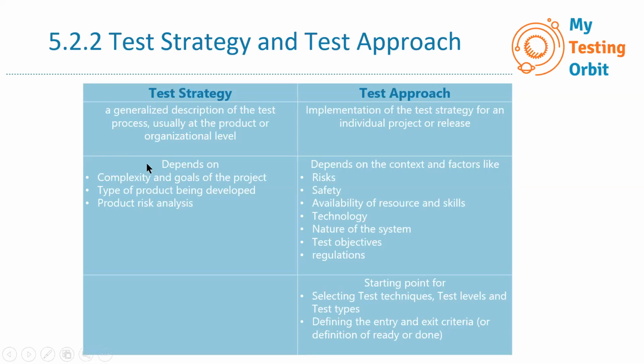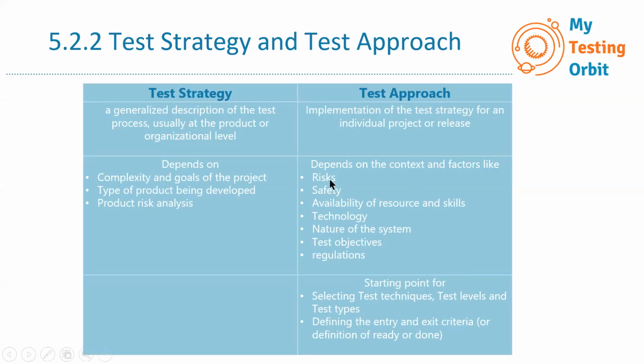The test strategy depends on the complexity and goals of the project, the type of product which is being developed, or the product risk analysis. While the test approach depends more on the context. Remember, we mentioned that the context is the circumstances, the factors. And what are those circumstances?